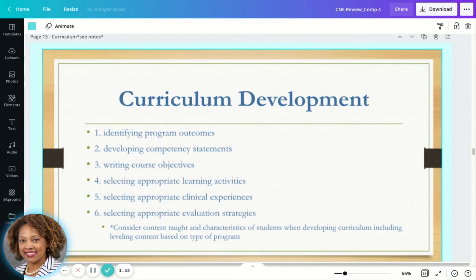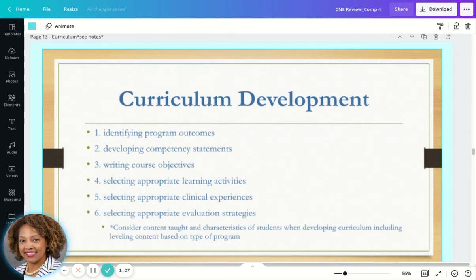We want to consider content taught and characteristics of students when developing curriculum, including leveling content based on type of program. What do we mean by that? If it's an accelerated program that only admits second-degree students, well, we know that our student population is different. We want to ensure that the program aligns across the types of delivery.